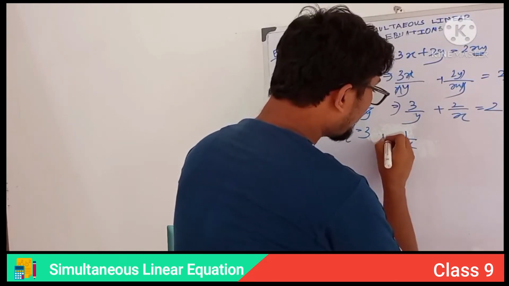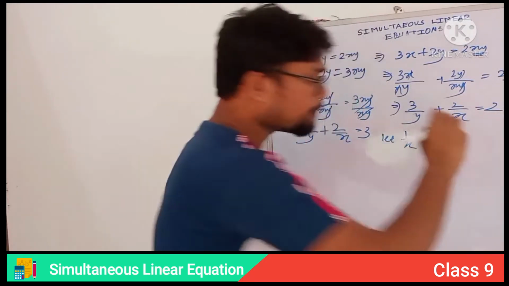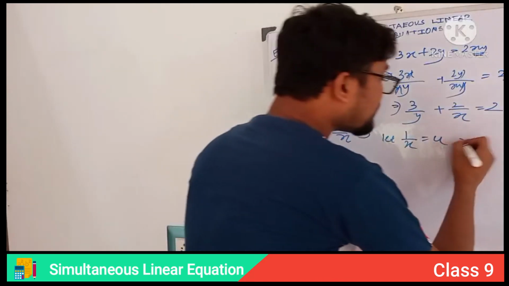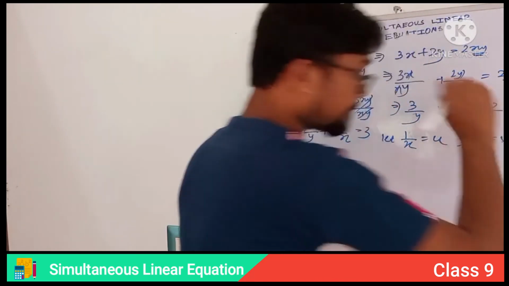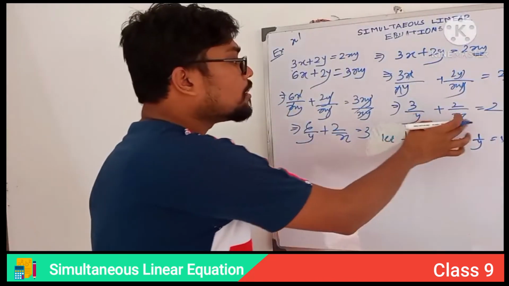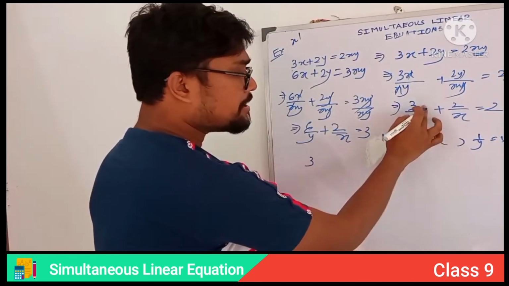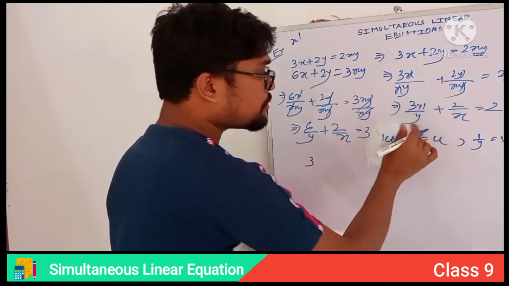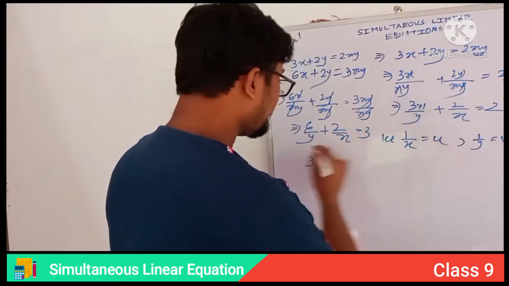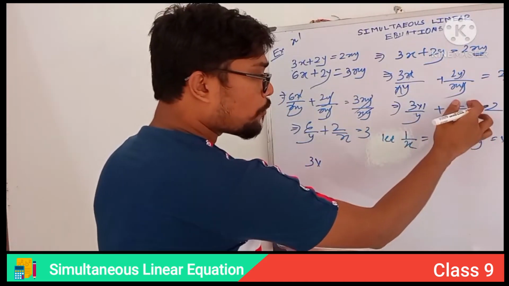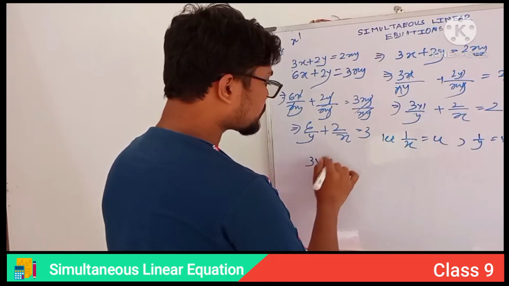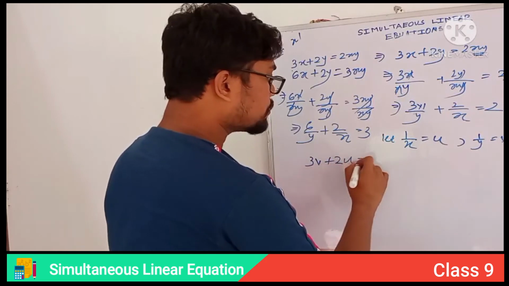Let 1 by x equal to u, and 1 by y equal to v. So what do we have? 3 into v, that means 3 by y is 3v, and 2 by x means 2 into u, equal to 2.